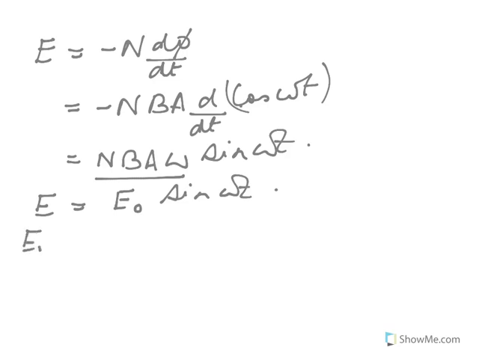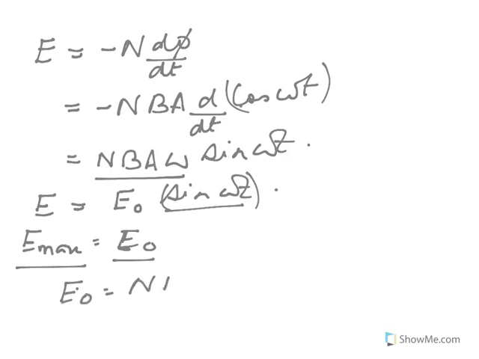E max is equal to E0 because maximum value of sine omega t is 1. So E max becomes equal to E0. E0 is equal to NBA omega.